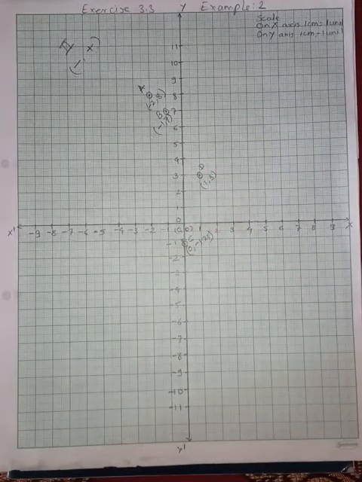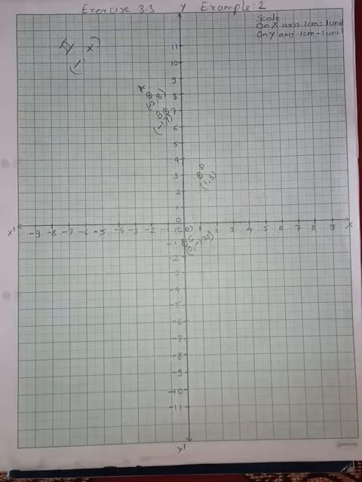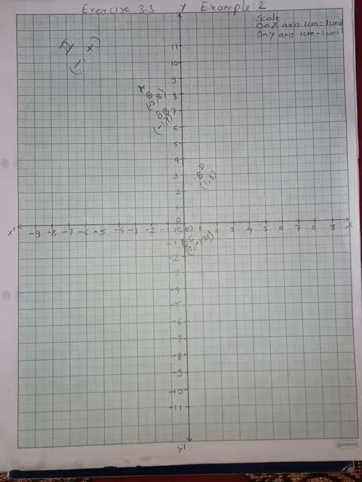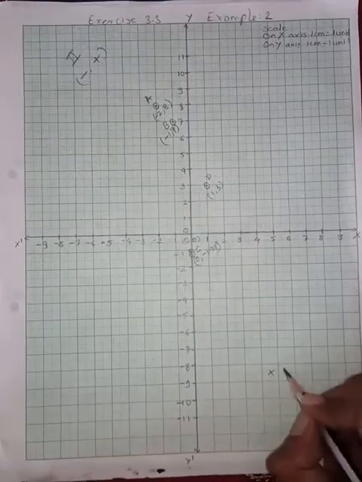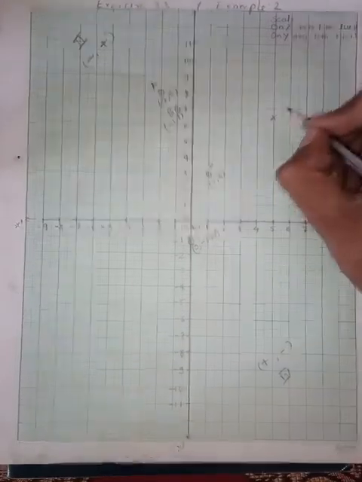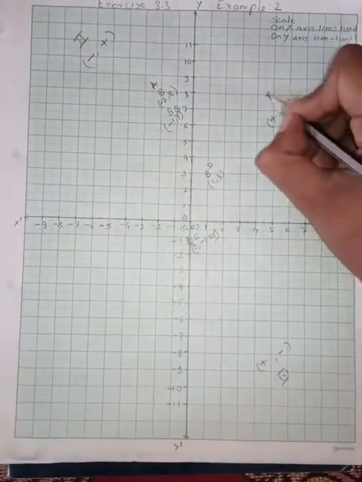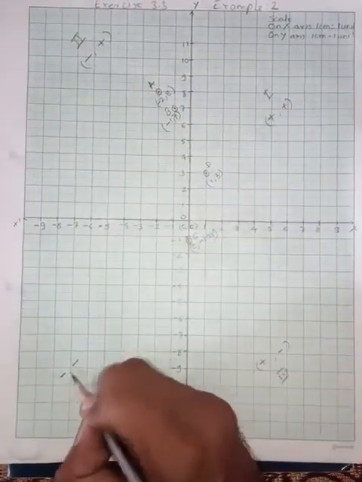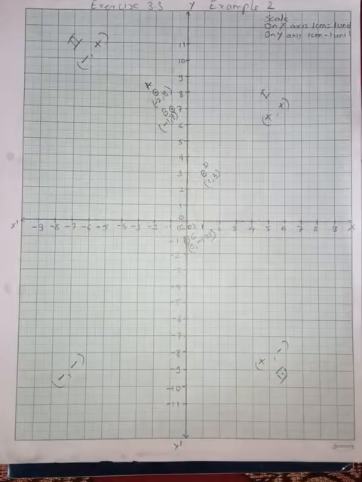Then comes (3, -1). So x coordinate is positive and y coordinate is negative. It means this point lies in fourth quadrant. That is x coordinate is positive, y coordinate is negative. This is fourth quadrant. If both are positive, it lies in first quadrant. If both are negative, then it lies in third quadrant. Last point is (3, -1).